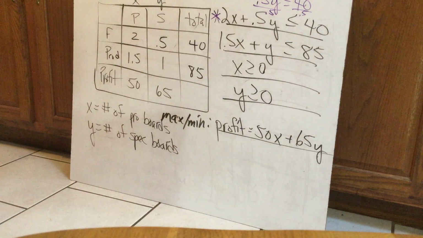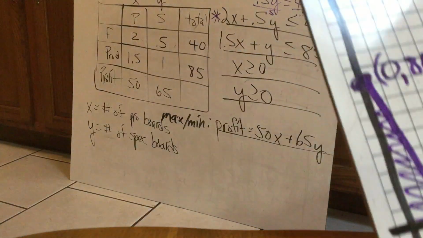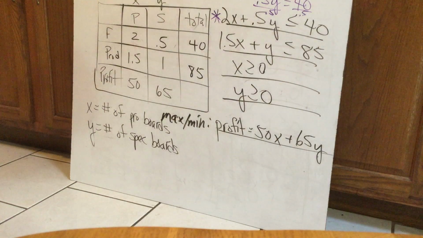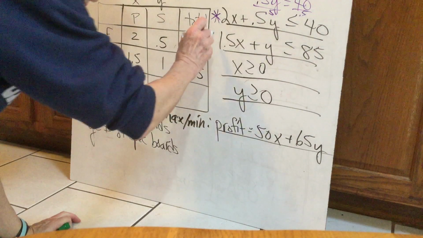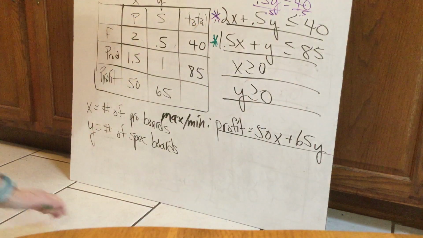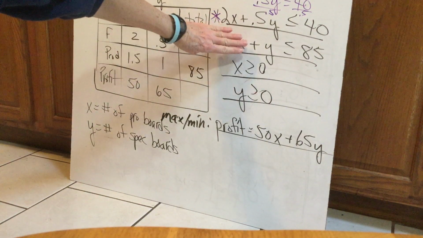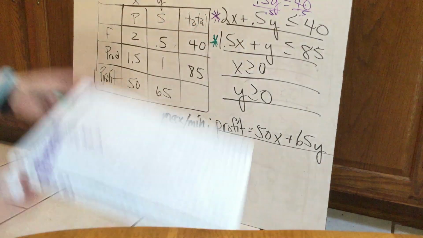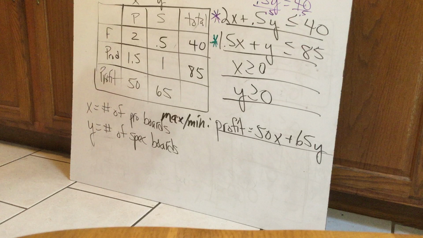So I just have my skinny little triangle there shaded in. All right, now I'm going to do this one. So if I let x be 0, y is 85. My markers are so big and fat.